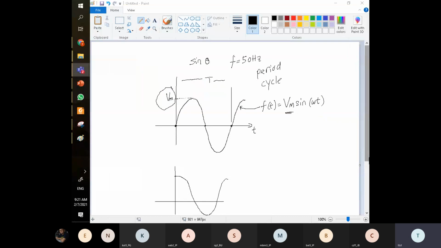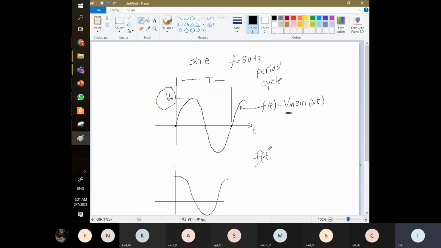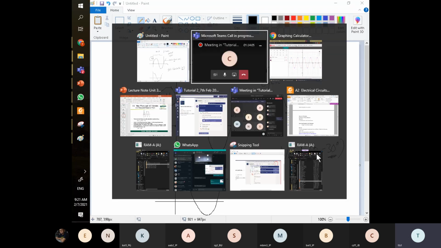So how about you have something like this? f(t) equal to Vm sine theta minus 30 degrees. What is this minus 30 degrees actually? Minus 30 degrees is some kind of delay.